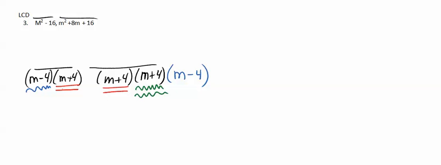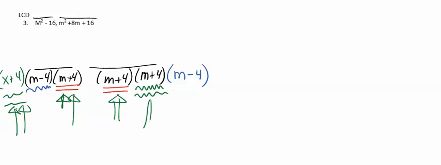Actually, I have 2 of them, but I only have 1 on the left. So I need to add in an m plus 4. That way, when I compare the two, I have 2 m plus 4s, and then I have 1 m minus 4. So this right here now is my LCD, all three of those binomials.